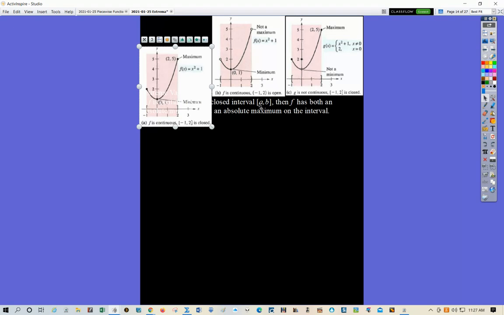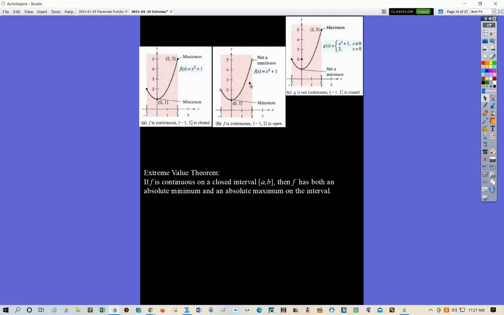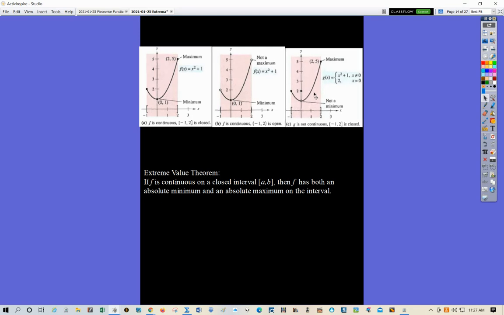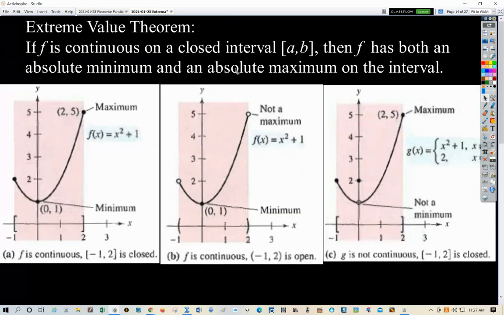This will be good for your notes. So there's the extreme value theorem.